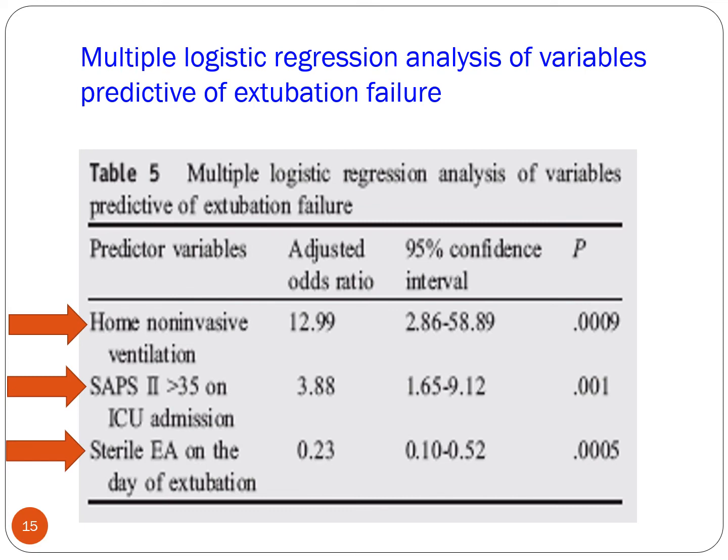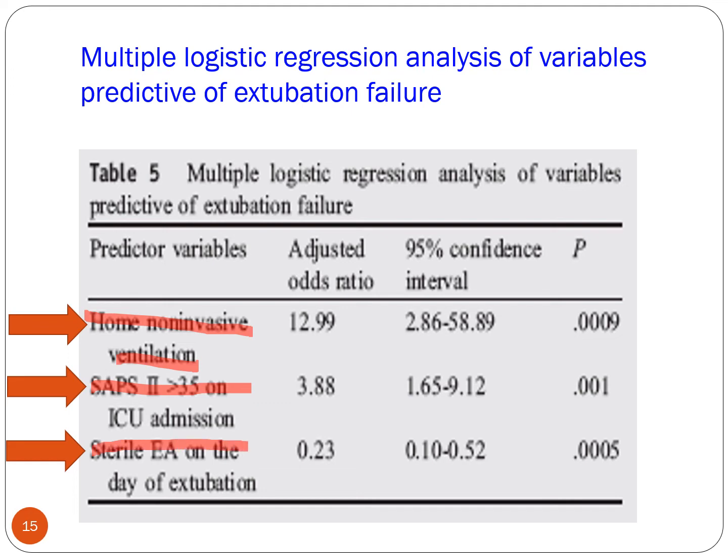So these patients who were weaned, 148 patients who were weaned, and a certain percentage of them failed extubation attempts, and they were looking to see why. What made them fail this extubation attempt? And the three things that jumped out was the use of home non-invasive ventilation, also a SAPS2 score greater than 35, and also if you had any kind of growth in your endotracheal tube based on aspirates, that was another sign of failure.